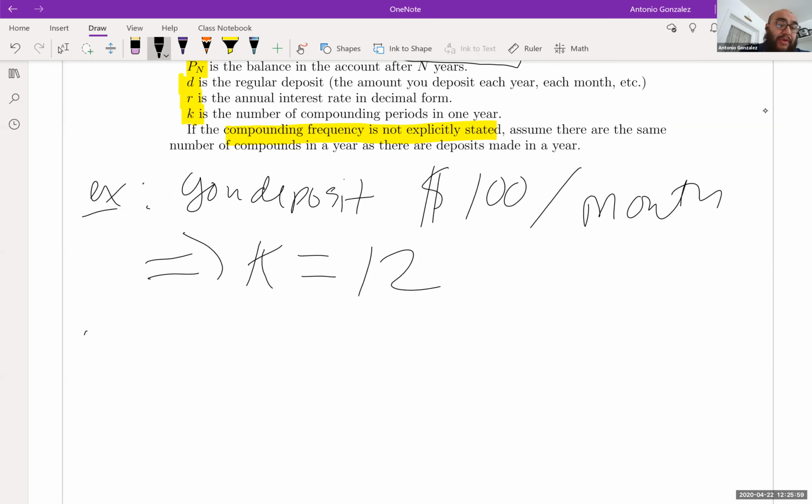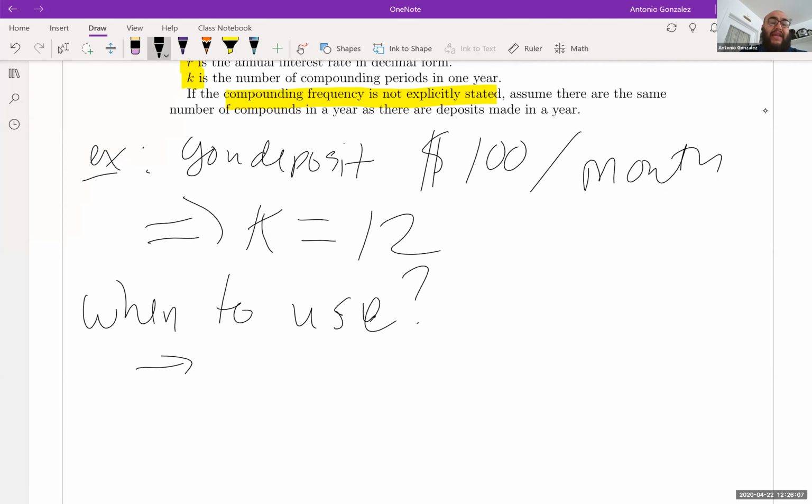Okay, so now when do we use this? A lot of this is going to come from being able to read through the problem and decipher that information. Look for those keywords.